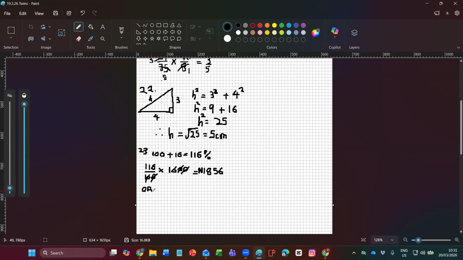So Faith, can you help us complete that formula that you were saying? Profit over cost price. Yes, you're right. Profit over cost price times what?